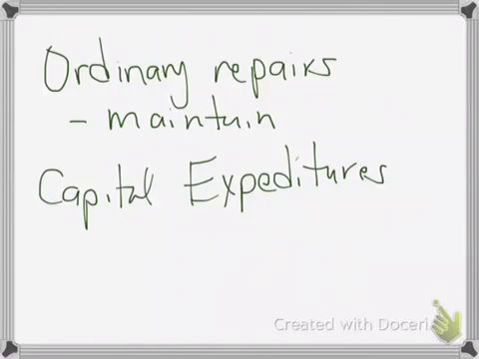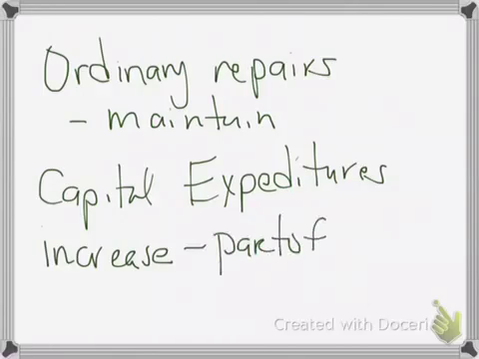For capital expenditures, this would be if we actually increased the operating efficiency, productive capacity, or if we increase the useful life, then that becomes part of the cost of the asset. And it would then have to be added in as part of the cost of the asset as a capital expenditure.